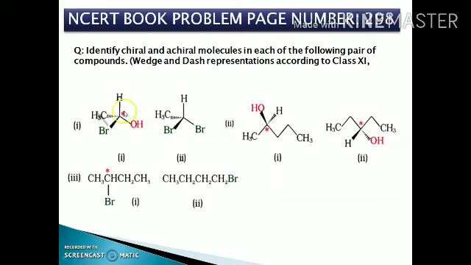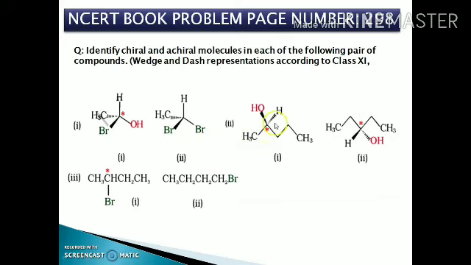It means this is the chiral carbon atom, denoted by the red star. In the second part, the two groups are the same. That means this carbon is an achiral carbon atom. In the next case, three hydrogen atoms are present with this carbon atom. It means it is an achiral carbon atom. With this one, again two hydrogens are the same, so this carbon is also achiral.